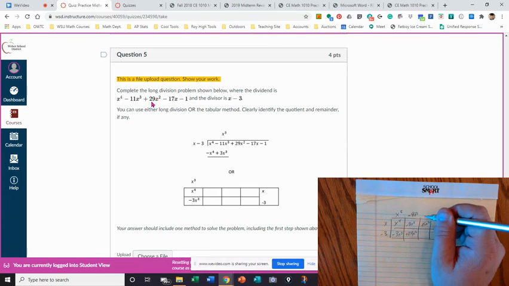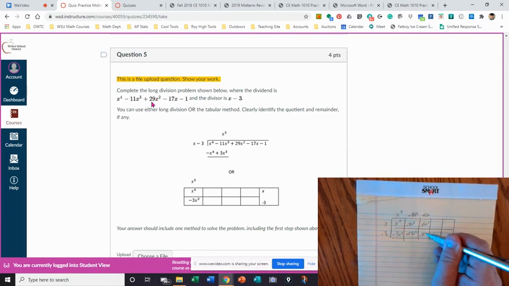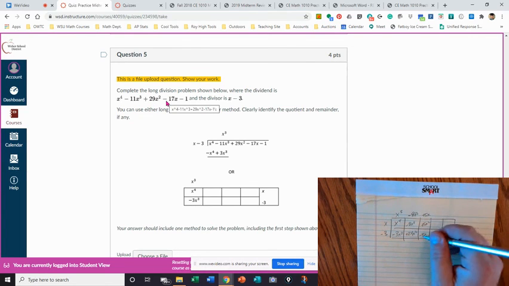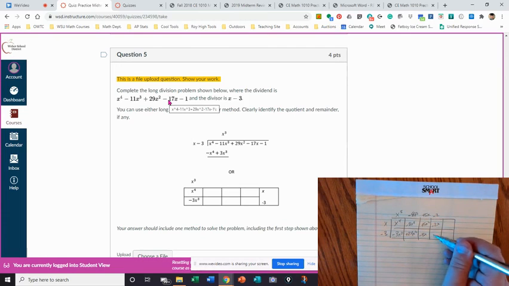5x squared divided by x gives me 5x. 5x times -3 makes -15x. Okay, I've got -17x in the problem. So -15 minus 2 makes -17. Check, that worked. -2x divided by x gives me -2. -2 times -3 gives me positive 6. In the problem, I've got -1, so 6 minus 7 makes -1.